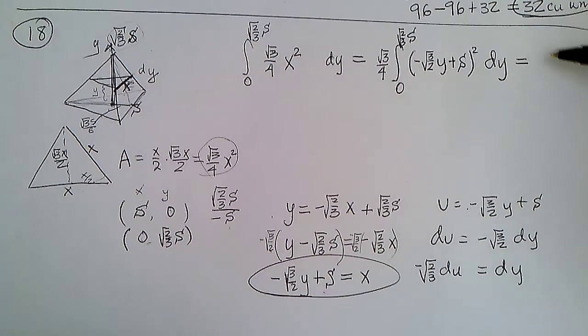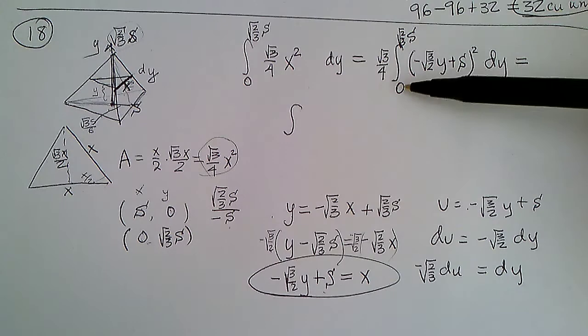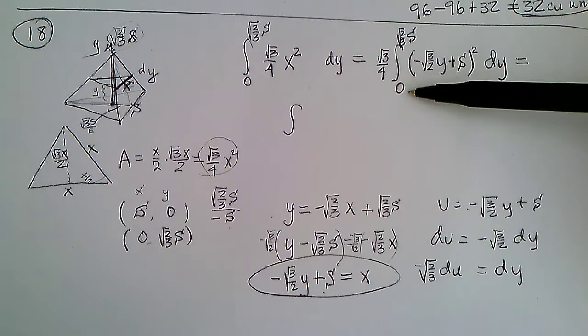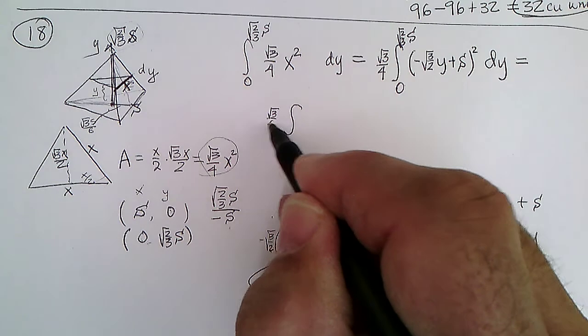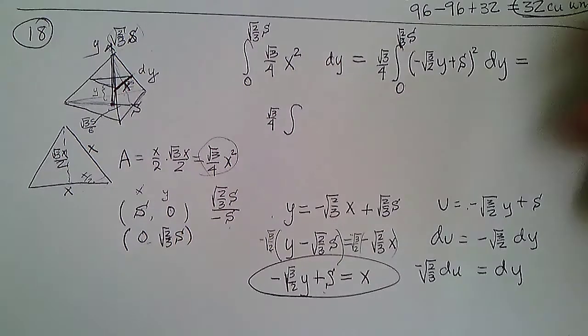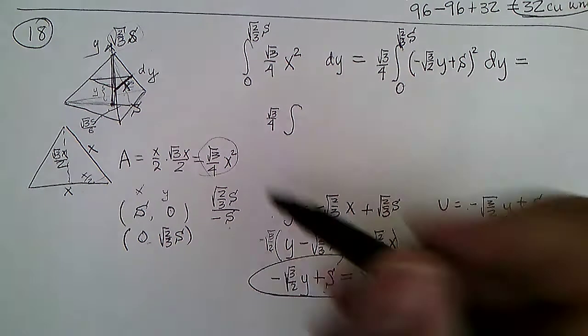So I'm going to go back to this integral here, and I'm going to make it the integral. And if I put 0 in here, I'm going to change my limits. I've got the square root of 3 over 4. 0 into here would be u would equal s.